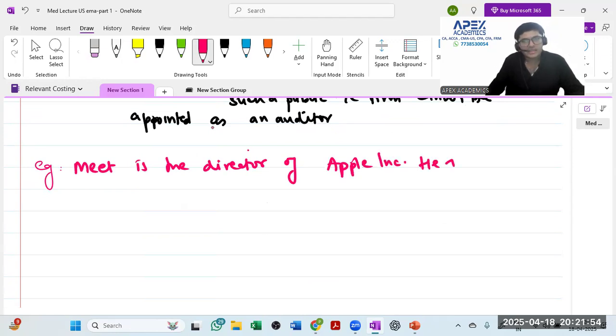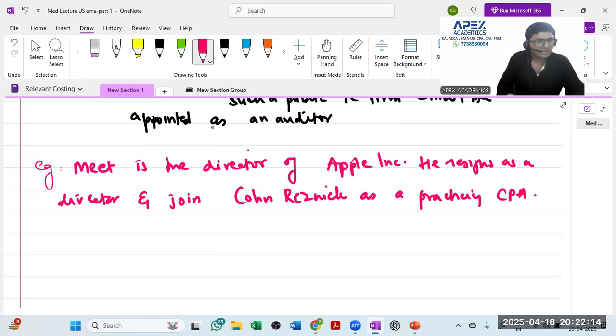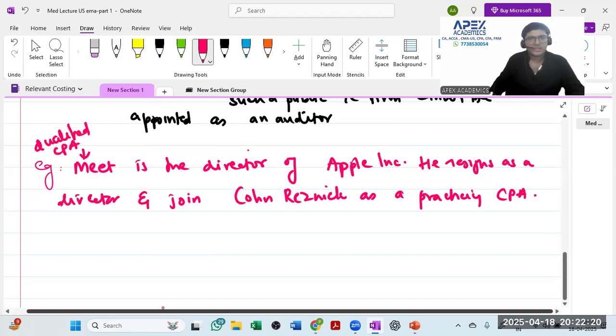He resigns as a director and joins Con Resnick as a practicing CPA. Meet is a qualified CPA. He is a director of Apple. Then he resigns as a director and joins Con Resnick as a practicing CPA.